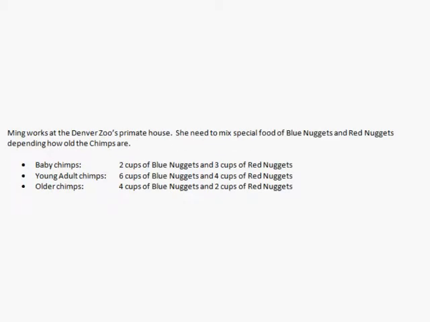The topic of today's lesson is a zoo. Ming works at the Denver Zoo's primate house. She needs to mix special food of blue nuggets and red nuggets depending on how old the chimpanzees are. Baby chimps need 2 cups of blue nuggets and 3 cups of red nuggets.